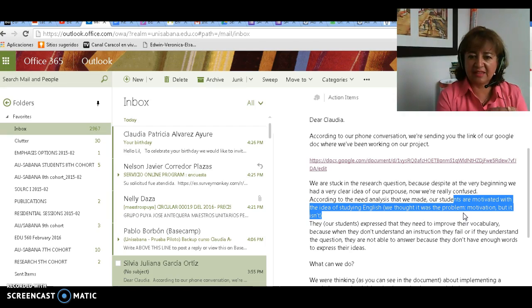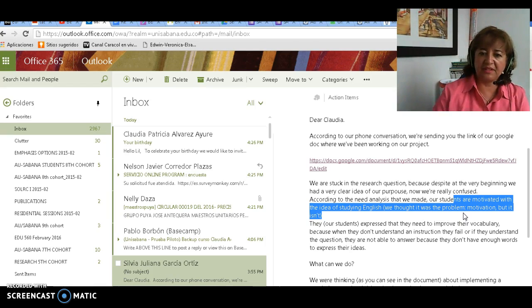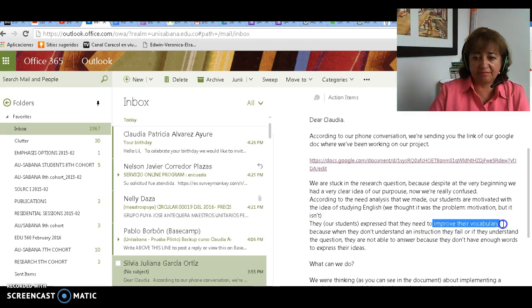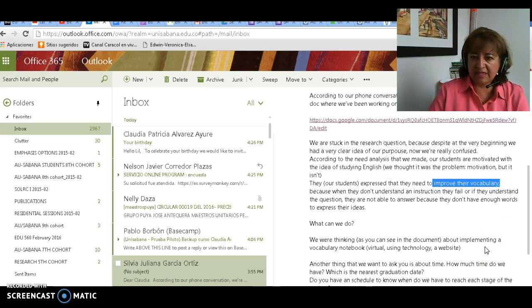So I guess that the key to your questions is to identify the strategy that you will be using, because based on the theoretical framework and the literature that you have studied, it is an issue. So I think that teaching students certain strategies to improve vocabulary is an important issue that can help students.